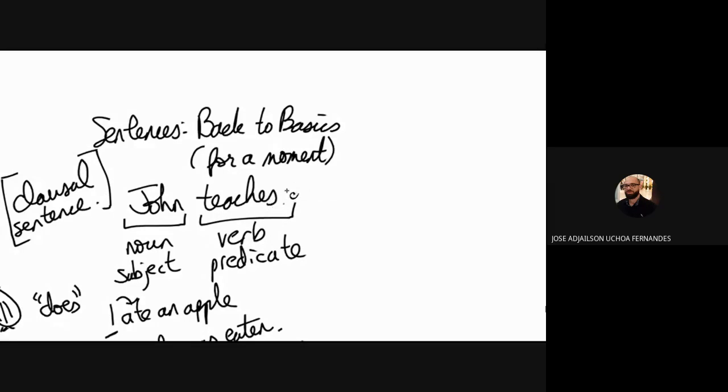All right, so this most basic type is just a verb. Now, of course, the word verb just tells me what type of word it is. Teach is a verb. But how is it functioning? Well, it's functioning as the predicate, but more specifically, it's the head of this predicate. It's the main guy in this predicate. In other words, we can also say that this word is the predicator, right?